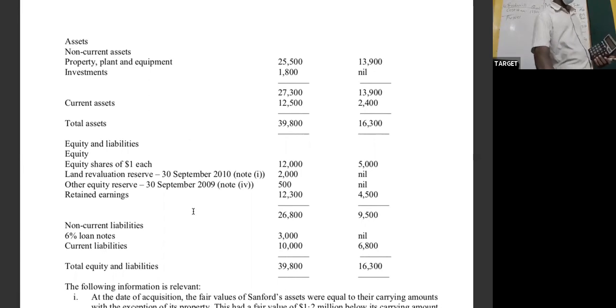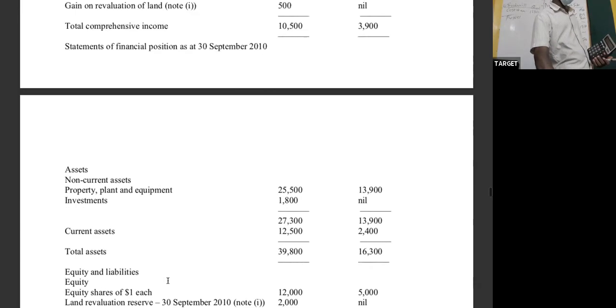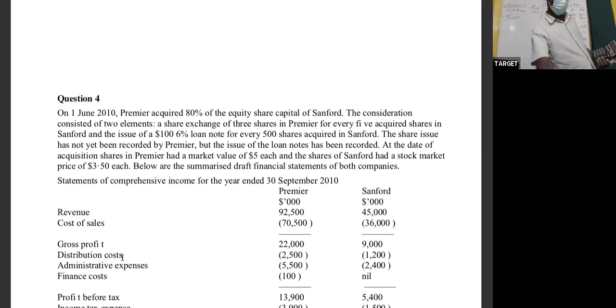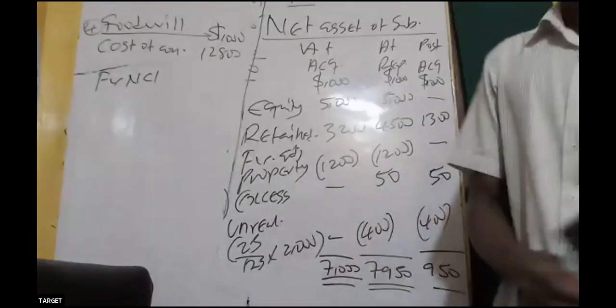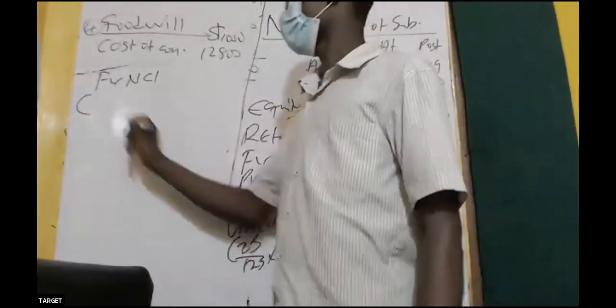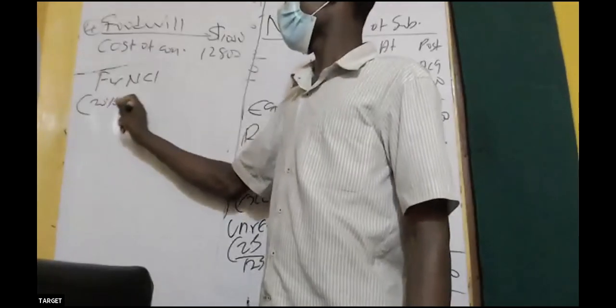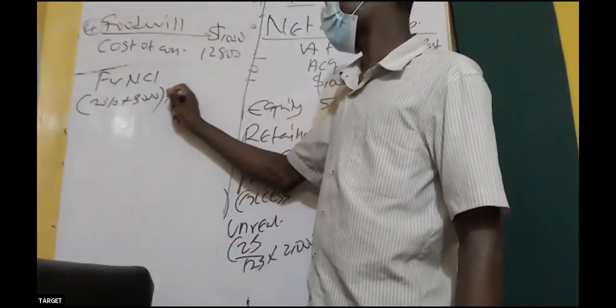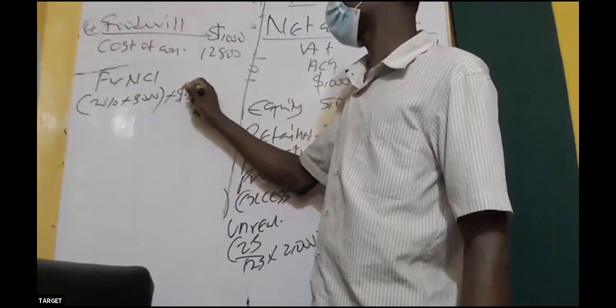Then you multiply this by the share price of the subsidiary at the date of acquisition. And that is given as 3.5. So $3.5 each. Therefore, the fair value of the NCI at the date of acquisition is 20% times 5,000, that's 1,000 times 3.5.